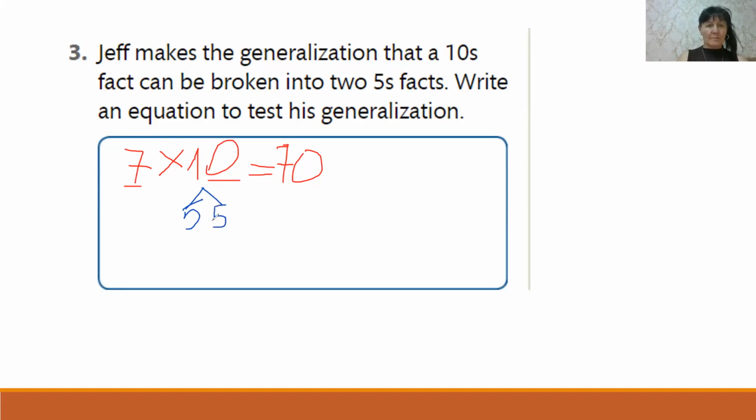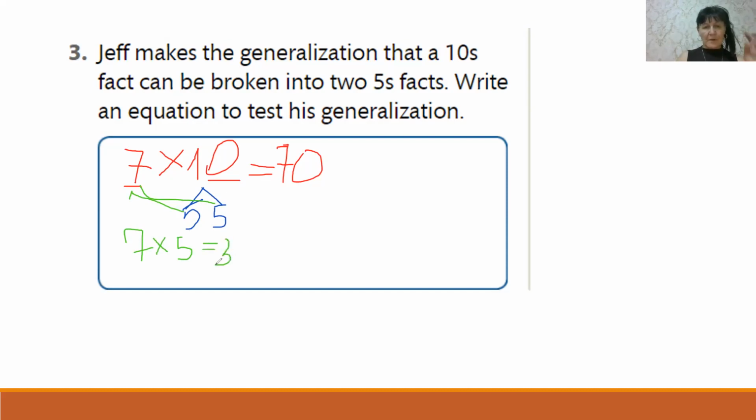So now, remember, we multiply this number by the opposite one and this number by the opposite one. Now we write 7 times 5 equals 35.